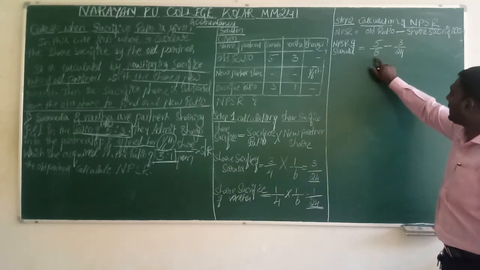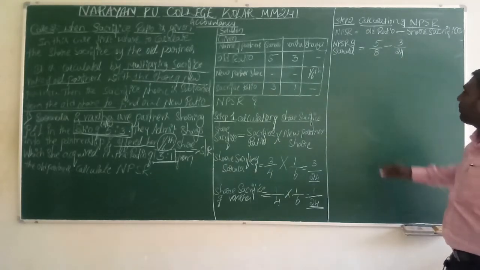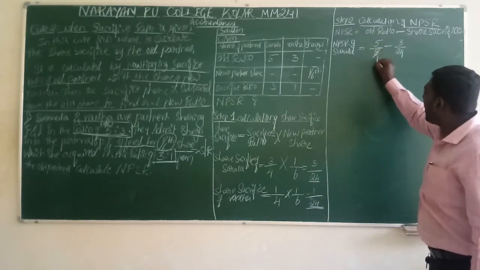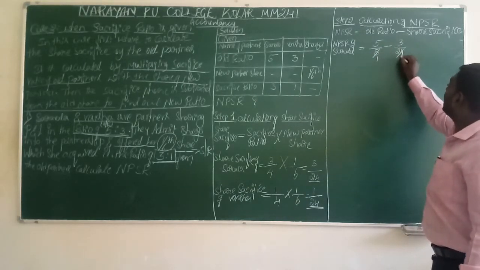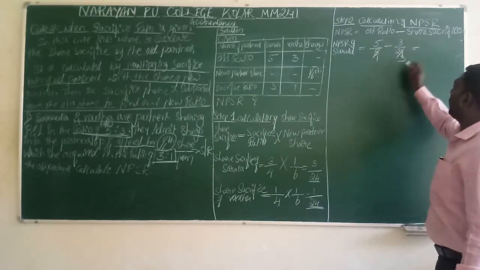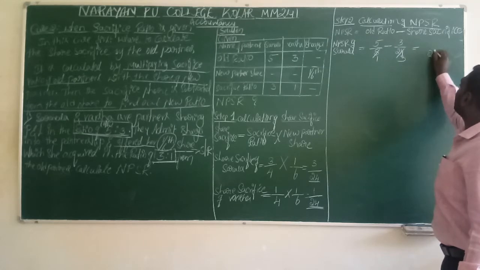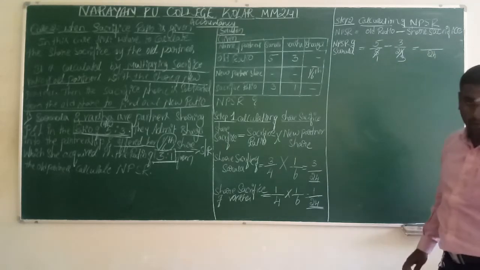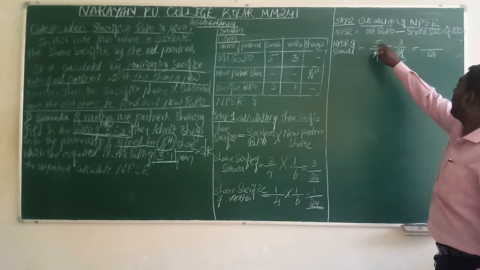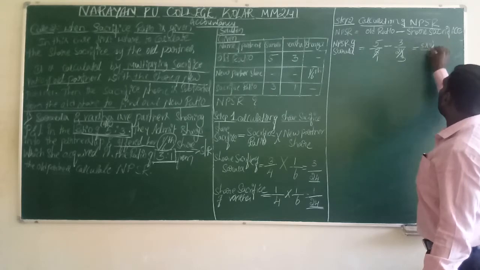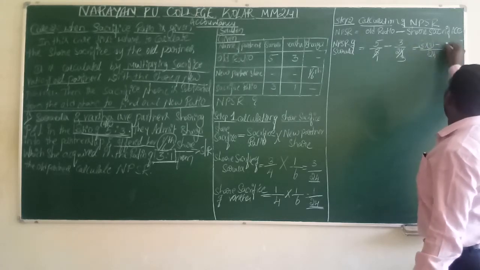Here 8 is there and 24 is there. Both are divisible by a single table: 8 ones are 8, 8 threes are 24. So the denominator base is 24, the highest, and we consider 24 as the base. Now we make the cross multiplication: 5 into 3 minus 1 into 3.